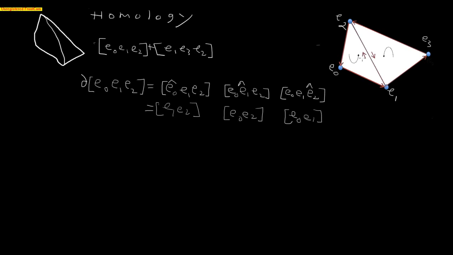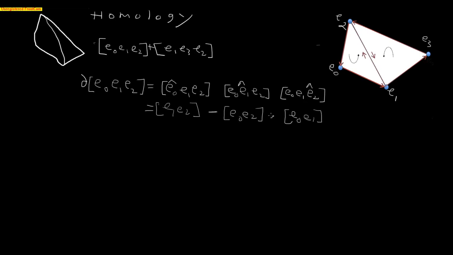Then ideally we want to go from now E2 to E0, right? We went from E1 to E2, and then we want to go from E2 to E0, but here we have [E0, E2]. If this was [E2, E0], then we would have gone from E2 to E0, and then from E0 to E1, which would be this. So this is fine. This is not. And we can either switch the order, put this as E2 to E0, or equivalently we could put a minus sign, reminding ourselves that these have to be reversed.